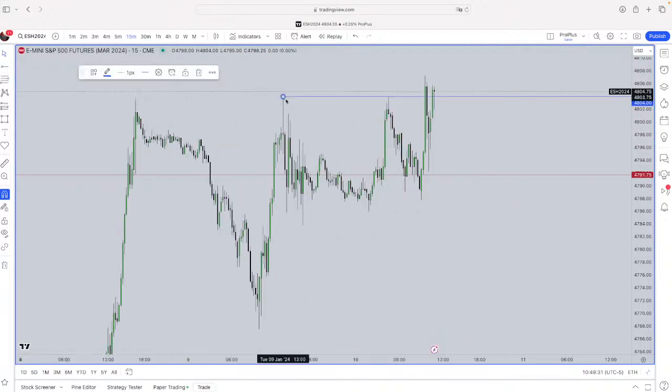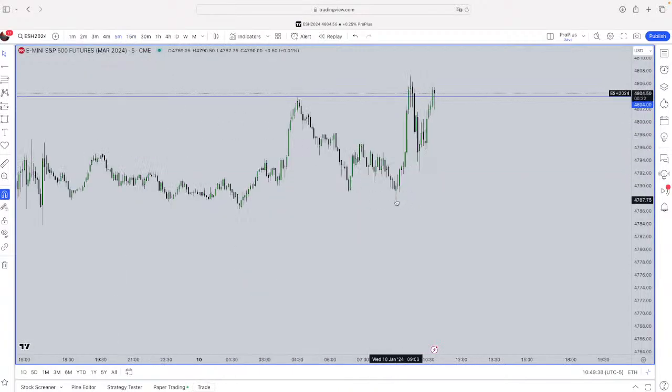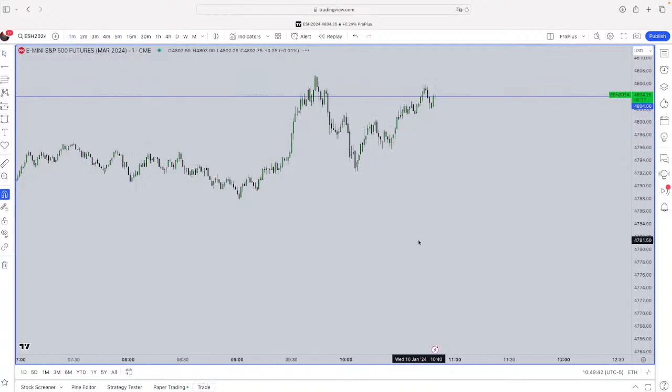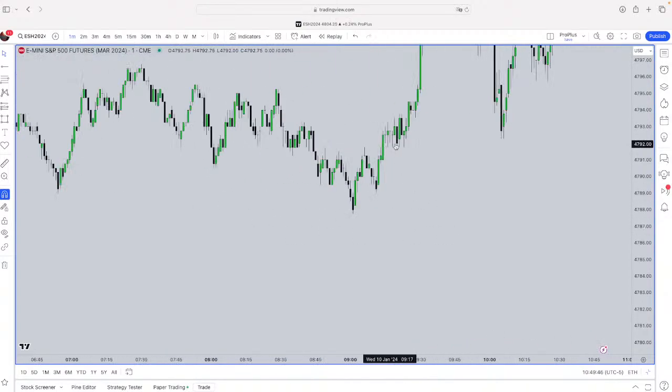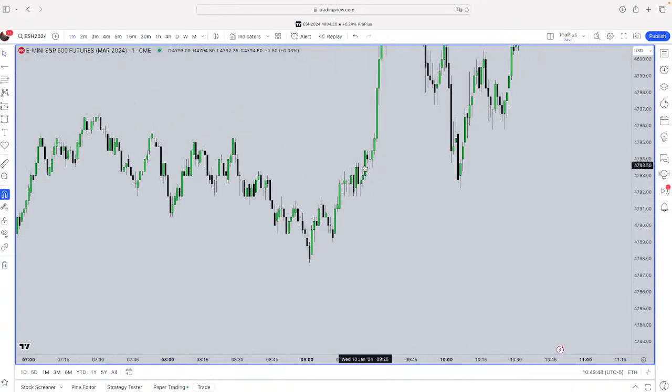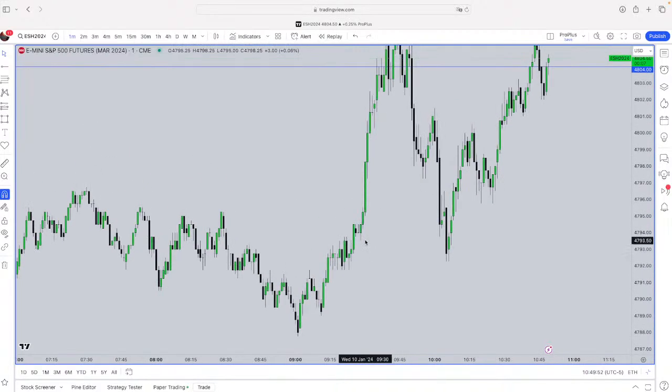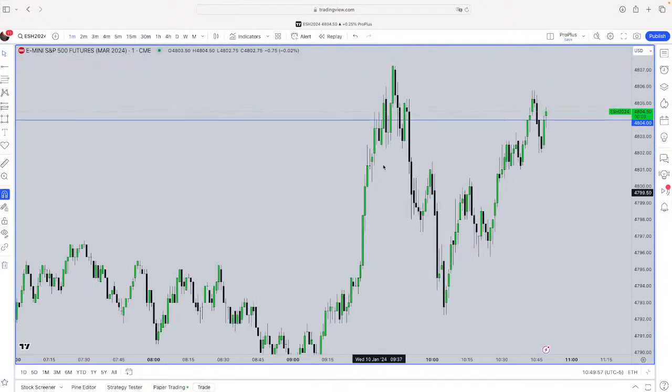Here, I'm guessing. 9.25. There. I don't know, 914. There maybe, 928. That'd be crazy if you got in there. Fair value gap, order block to run that bias.